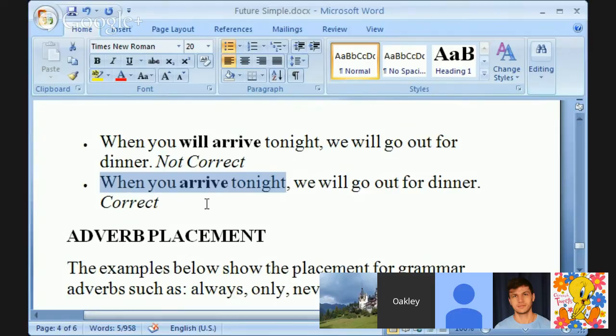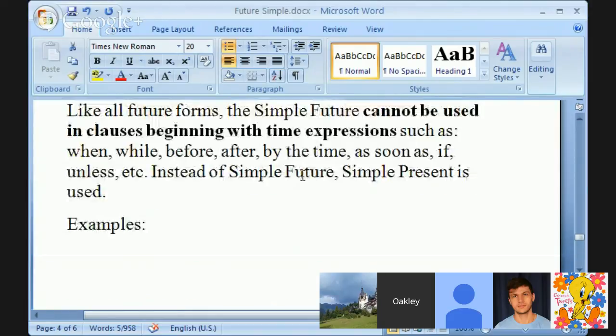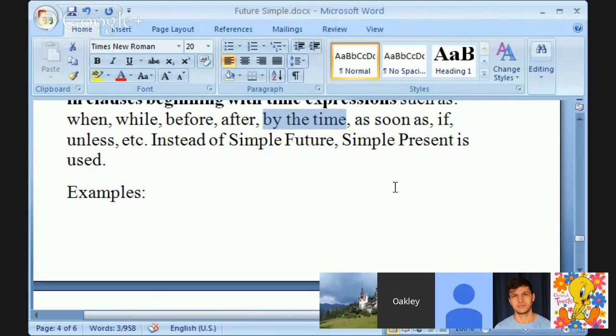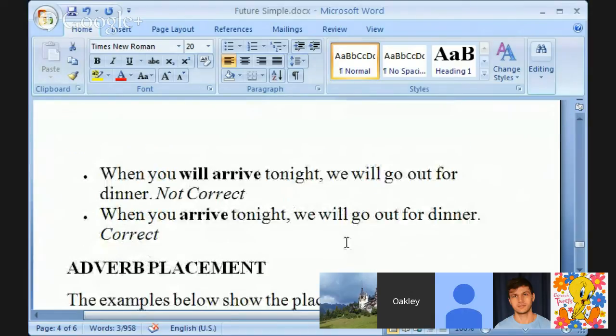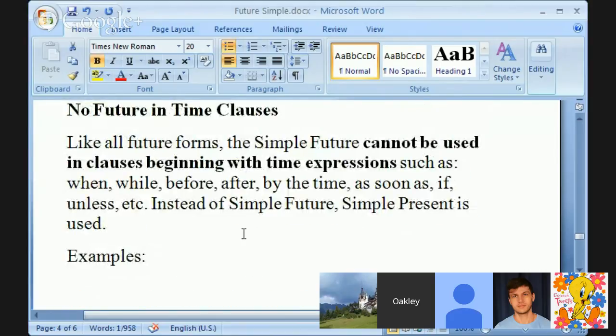I cannot say when you will arrive tonight. This is impossible. Same for these other, before you will arrive, I will clean the house. No, I can't say that. By the time you will arrive, I will clean the house. Nope, nope, nope. I can't say any of those. As soon as you will arrive, I can't say it. So I have no choice but to use simple present.